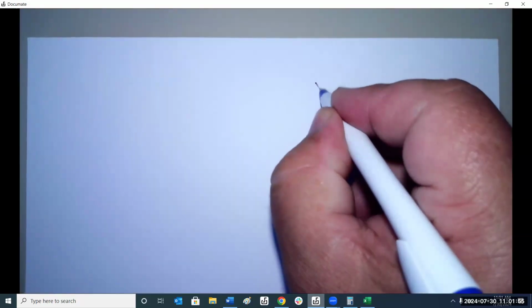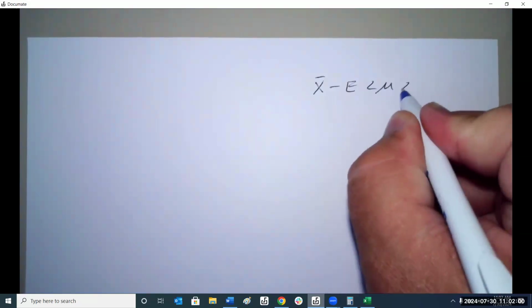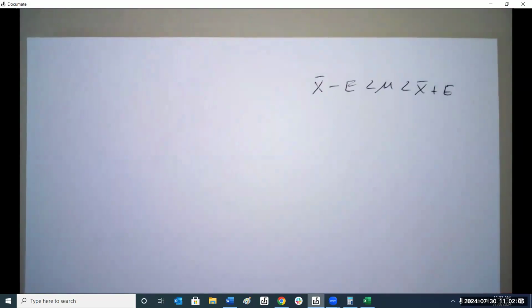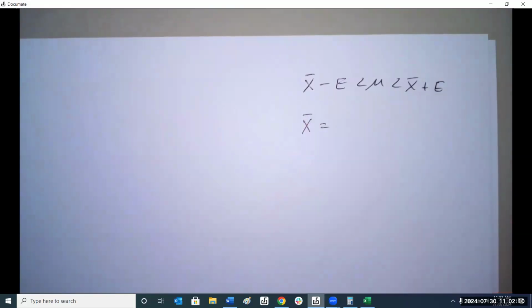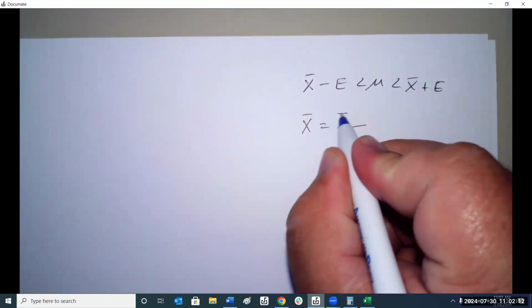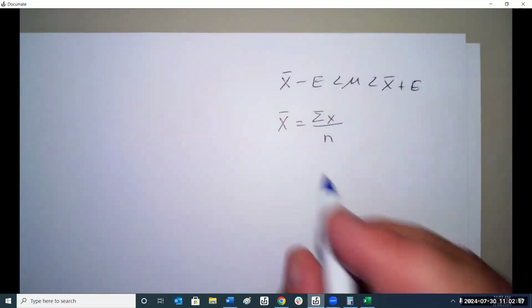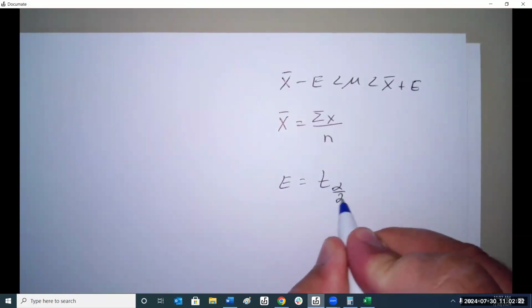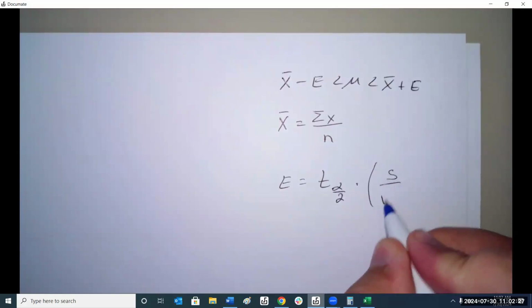Okay, what I did, because we have to use this formula. And we know the formula for x bar is the summation of all our data divided by n. And E is the t value times s over square root of n.